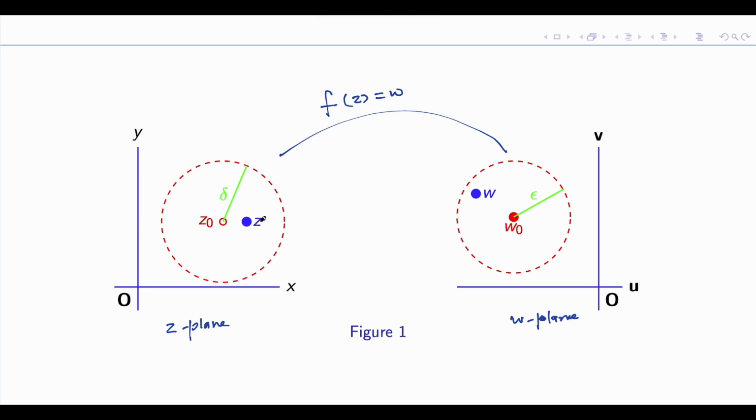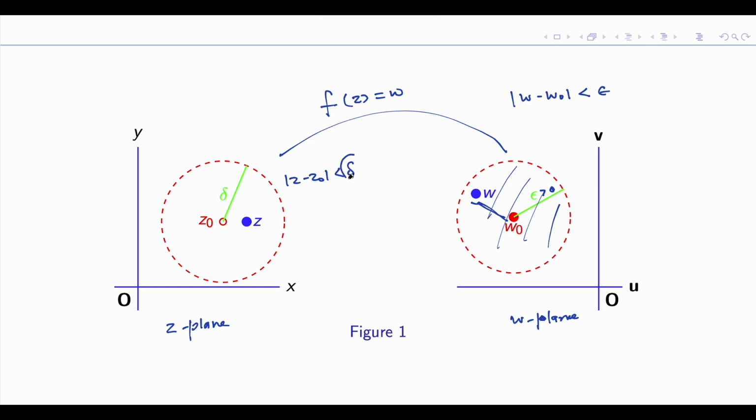Then for every epsilon greater than 0, you will get a center w naught and a radius epsilon disk, and any w whose distance from w naught is less than epsilon, so modulus of w minus w naught is less than epsilon, whenever you find modulus of z minus z naught is less than delta.